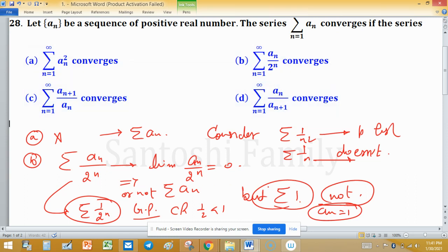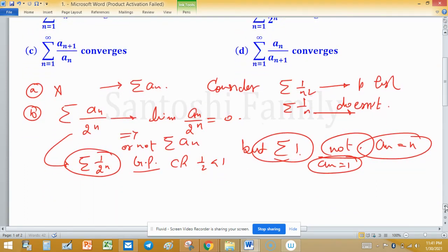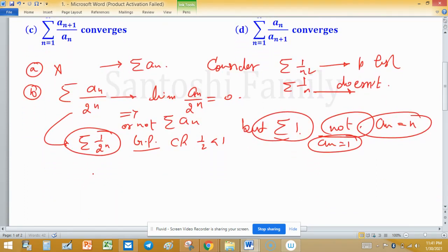Or you can consider a_n as n and apply the nth root test, or Cauchy nth root test, as n upon 2 raised to the power n.